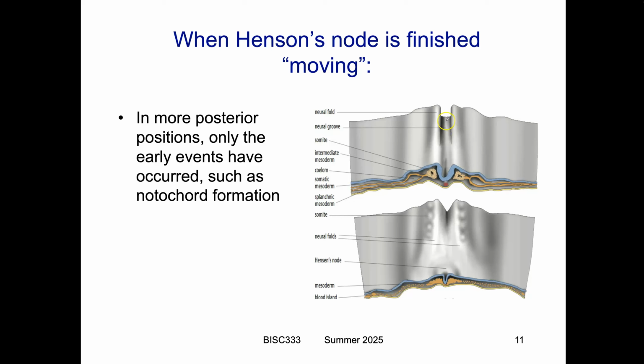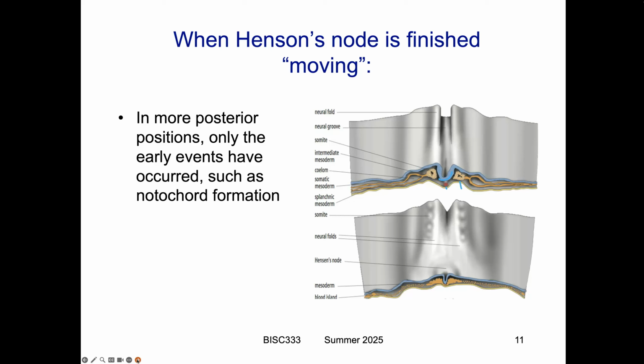So what this means is that as Hensen's node is moving along, different processes are taking place, and they take place in a certain order. So the first thing is the neural plate, and then the neural tube, and then the notochord, and then the somites, and then the digestive system, the gut. And so that's something to keep in mind.